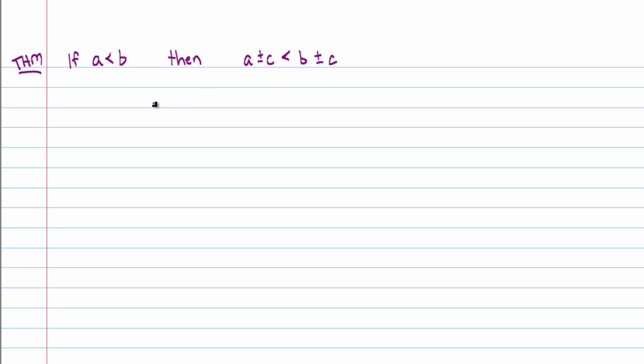For example, if I told you that 5 is less than 18, or less than or equal to even, then me adding 10 to both sides doesn't change anything. 5 plus 10 is still less than or equal to 18 plus 10.